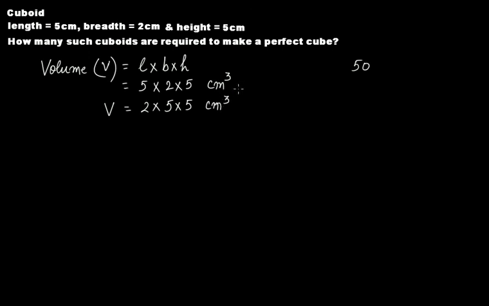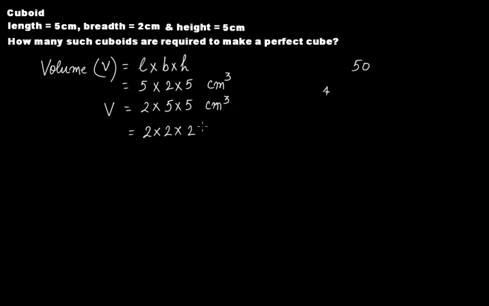Now tell me this: if this is the volume of a cuboid, you have to make it a perfect cube. In a perfect cube, that is a cube number, your prime factors have to be present 3 times. So here you have 2 once; if 2 multiplied by 2, it means that you have used 4.